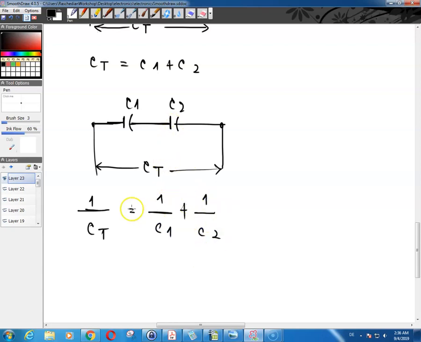So the reciprocal of C of T is the sum of the reciprocals of the capacitance values of C1 and C2. That's the exact opposite of what happens in the case of two resistors.